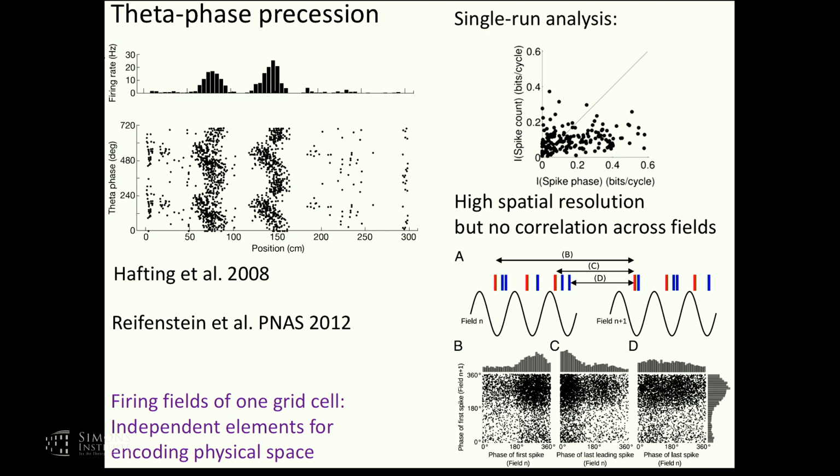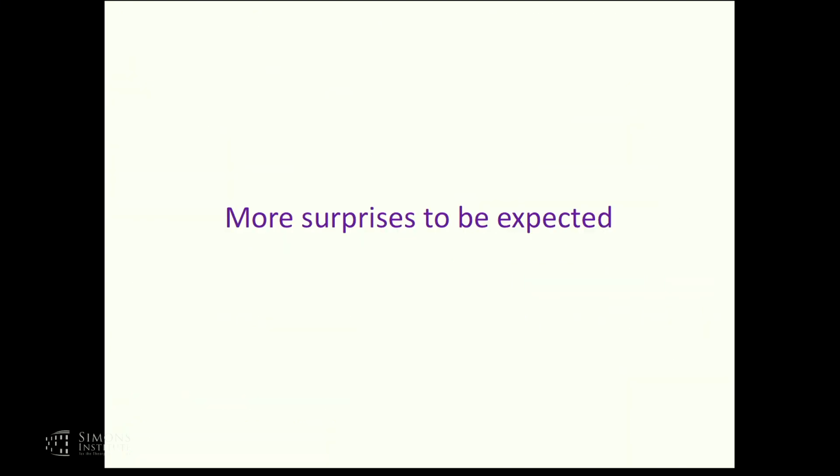And you can analyze all kinds of things, last spike, first spike, and what have you. And the result was that there is no correlation. And in fact, according to the statistical tests we did, they are independently encoding the different firing fields, which means that also from a phase precession point of view, grid cells have multiple firing fields that act as independent encoders of physical space.